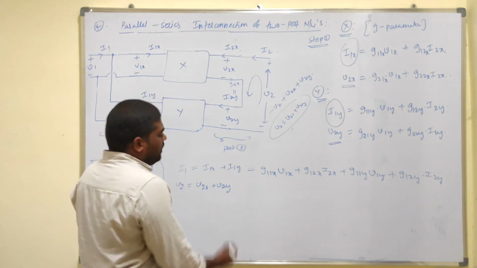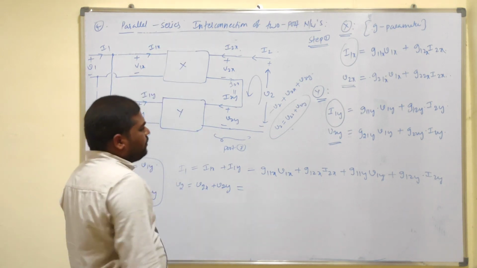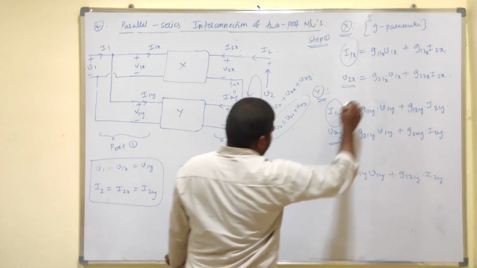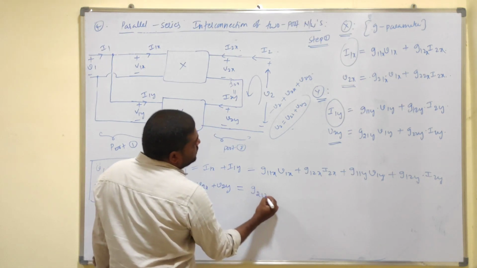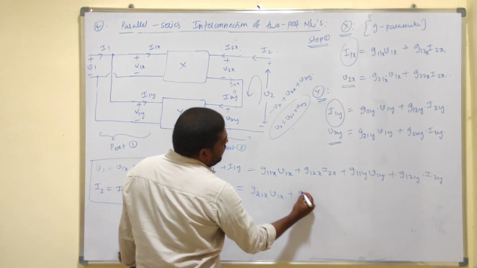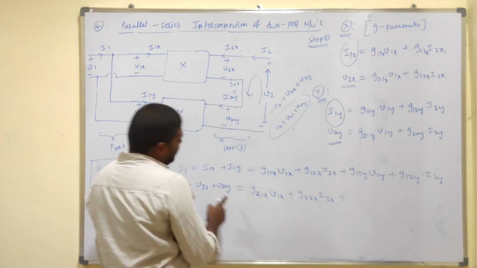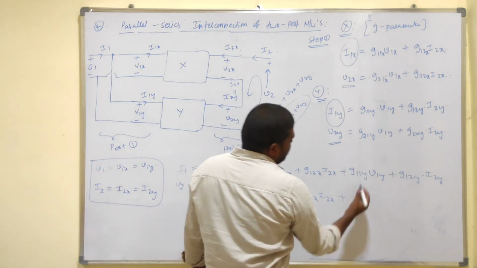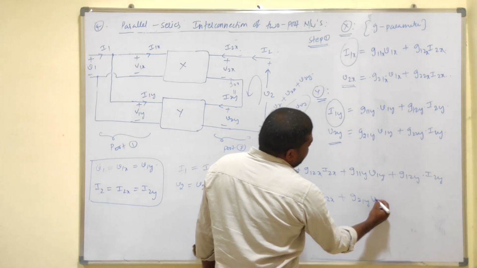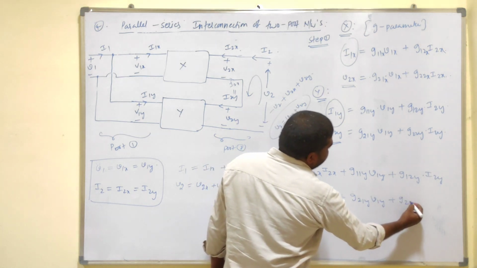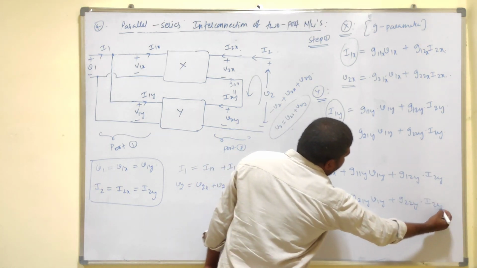Now next one, V2 equals V2x, that is G21x V1x plus G22x into I2x, plus V2y. V2y equals G21y V1y plus G22y into I2y.